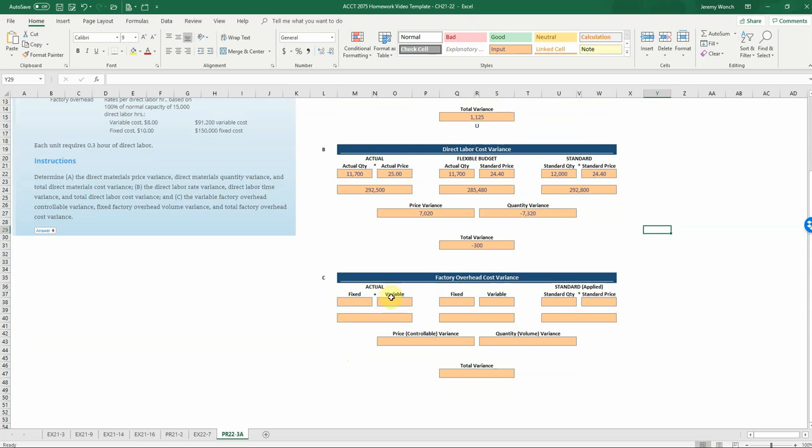And so instead of multiplying, we're adding them together. So we have actual fixed cost of 150,000 and actual variable cost of 91,200. So we can add those together.